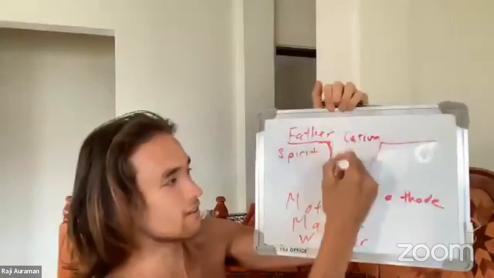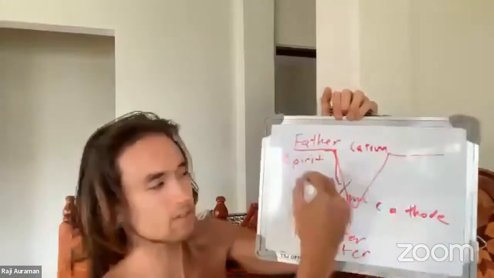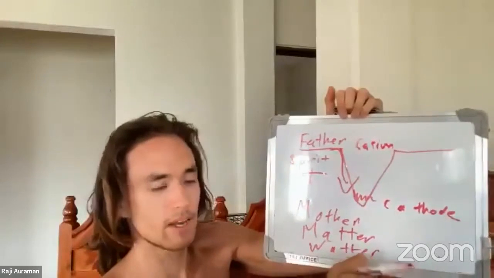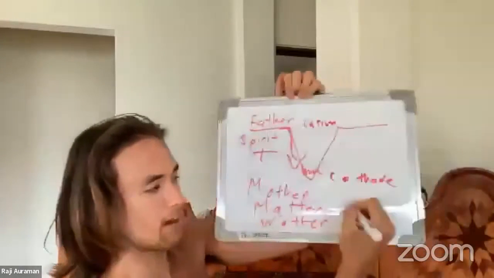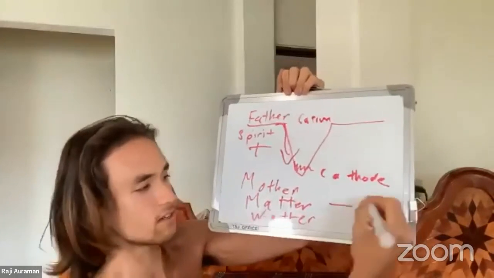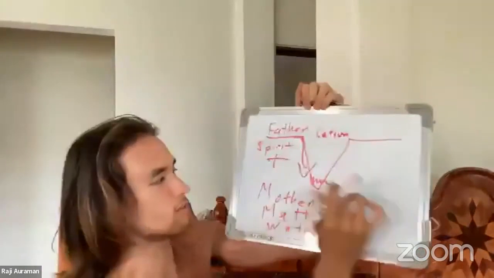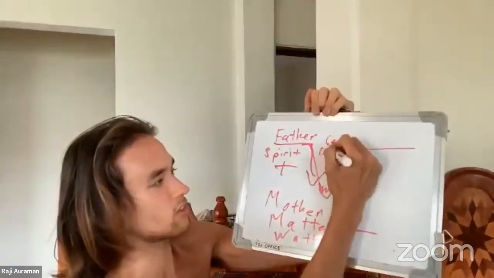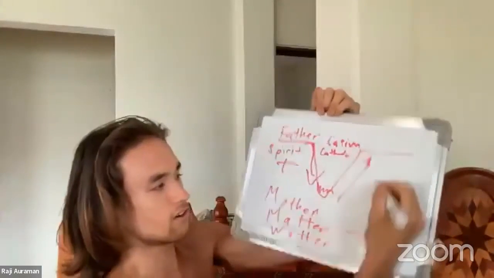of positive electricity, right? Because positive electricity always falls down. And then the passive end of the stroke, which is always negative, rises up. So if the Father is the cation, he goes to the cathode, which is the bottom part. The Mother is the opposite.